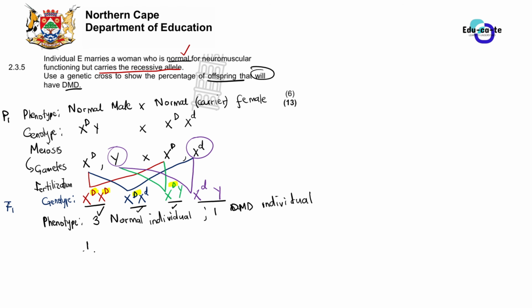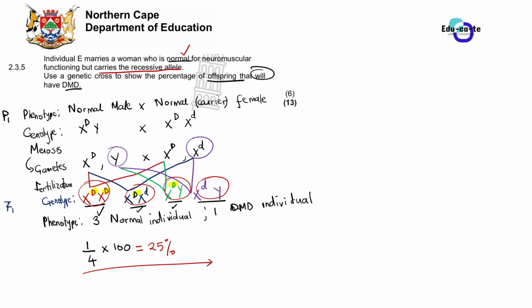So it's 1 out of 4 possibilities multiplied by 100, because here we've got 4 possible genotypes: 1, 2, 3, 4. So 1 out of those 4 possible genotypes is equal to 25%. So there is a 25% chance of getting an individual that has the condition when making the baby.